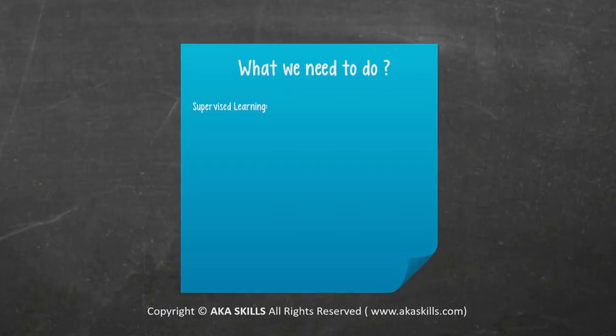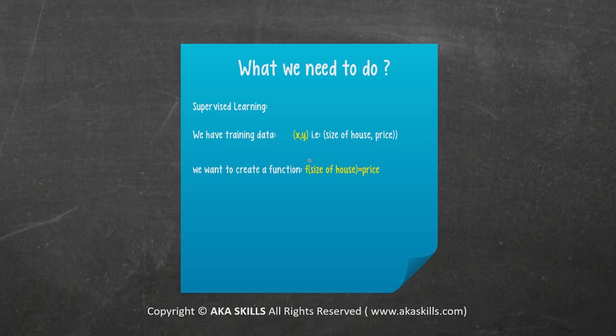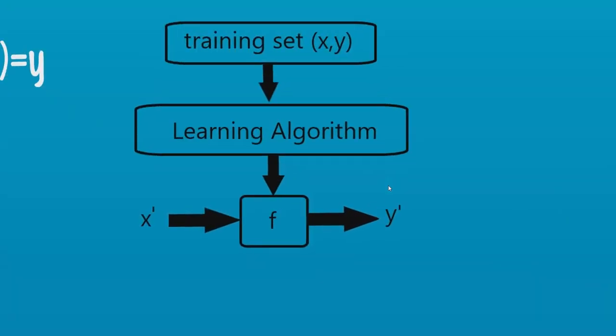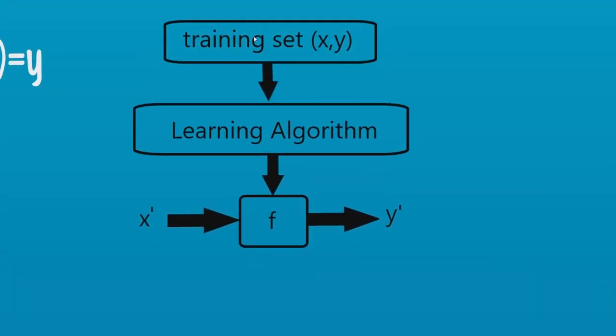So what we need to do in supervised learning, we have training data x and y, for example size of house and price. Given the x and y, we want to create a function. That function, when we give it the x, or the size of a house as an example, gives us the price. In other words, f(x) equals y. So that's another elaboration. We have a training set x and y, and we give it to our learning algorithm.